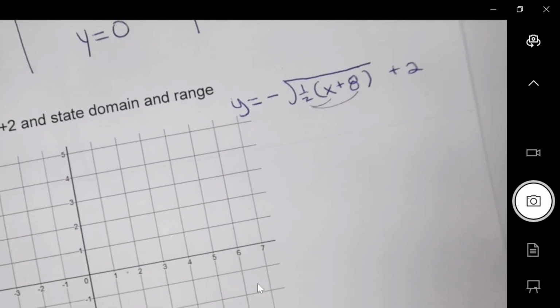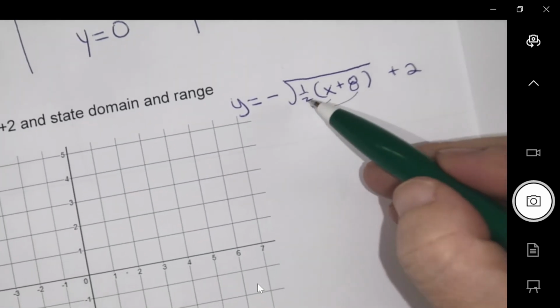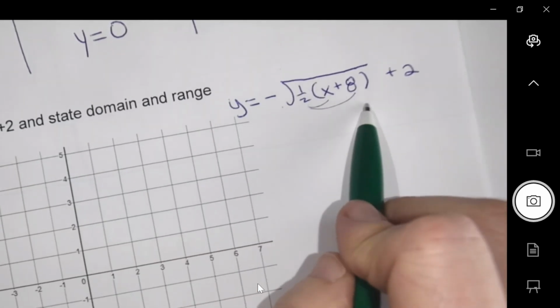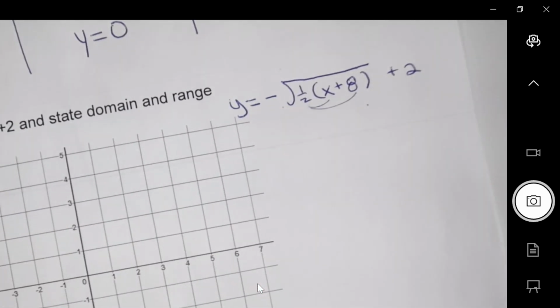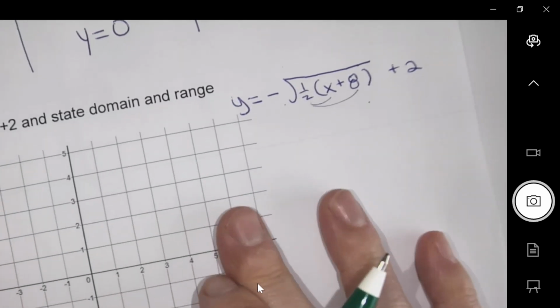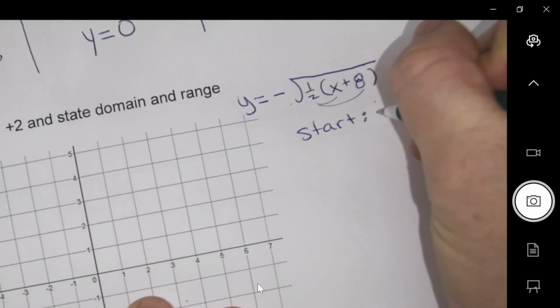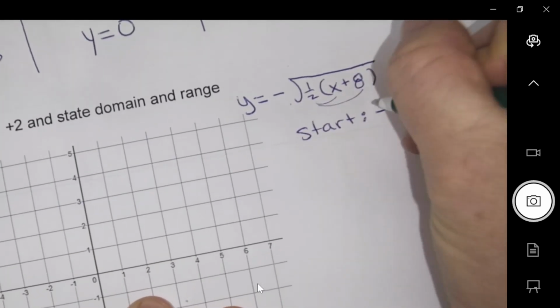I needed 8. 1/2 times x makes the 1/2 x. 1/2 times 8 makes the 4. Okay. My start is now -8, +2.